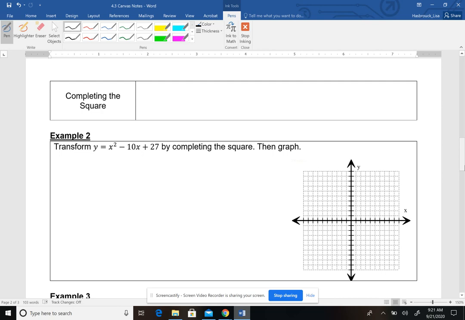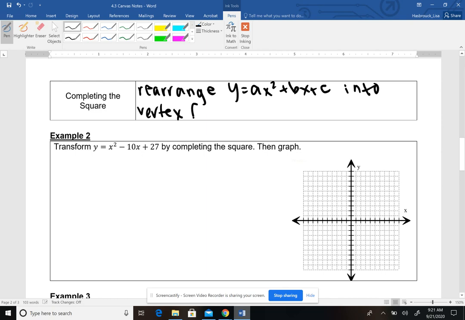Completing the square is where you rearrange a quadratic function, y equals ax squared plus bx plus c, into vertex form, which is y equals a times x minus h squared plus k. So with completing the square, we are rearranging the quadratic. We're making it look in a new form so it's easier to graph.